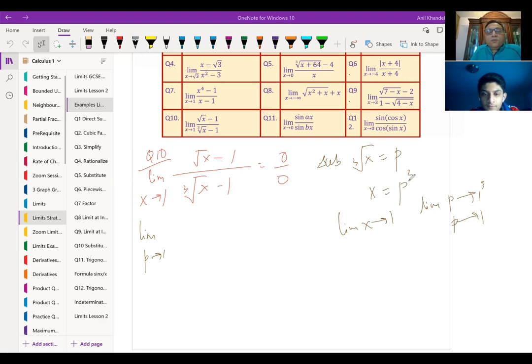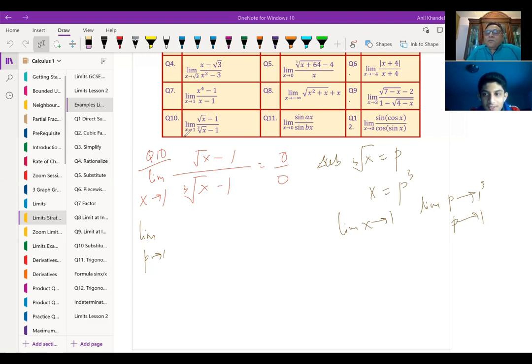We are saying x is p cube, right? So cube root, x will be p cube. So square root x, how will you write it? Slightly complicated. How will you factor?